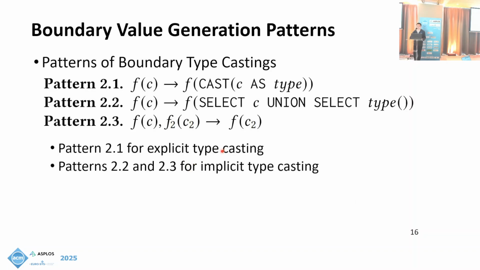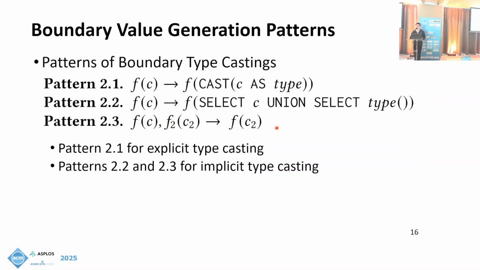For the patterns of boundary typecastings, pattern 2.1 represents the implicit typecasting in database by the cast grammar. Pattern 2.2 uses the select subquery to construct implicit typecasting. It is because the row values in the same column of a select statement should always be the same data type, so the database will convert the value implicitly.